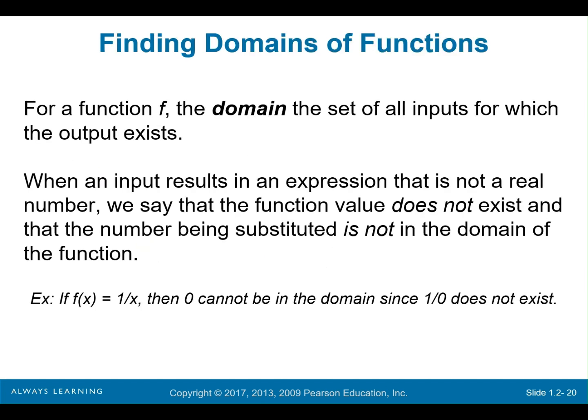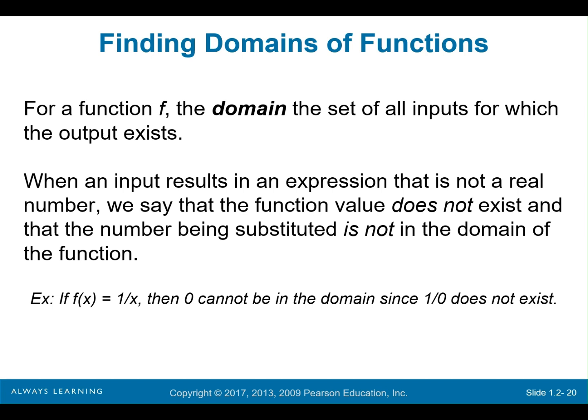So the next thing that we want to talk about in this class is to formalize the idea of a domain. We've been using it a whole bunch kind of as we talk about the inputs, but really this is a definition you guys should know. So anytime we think about a domain, it's a set of all inputs for which an output exists.